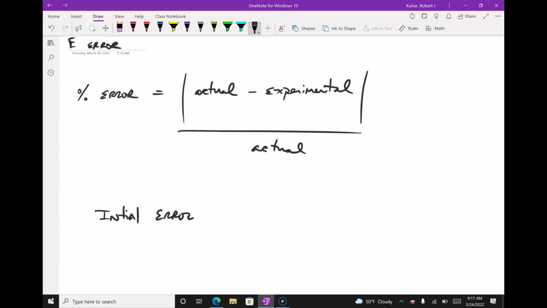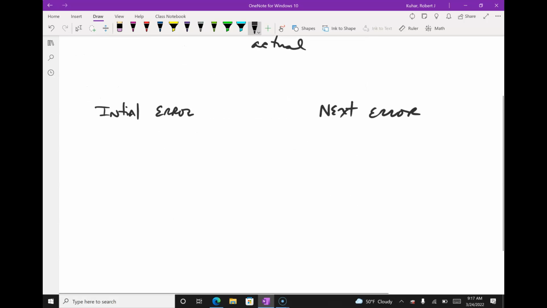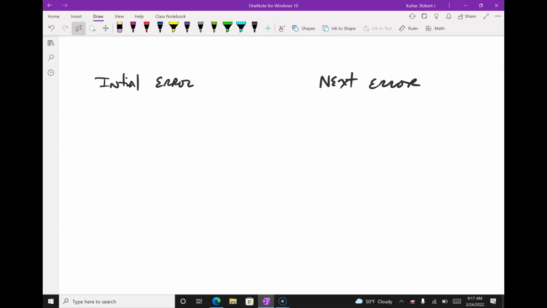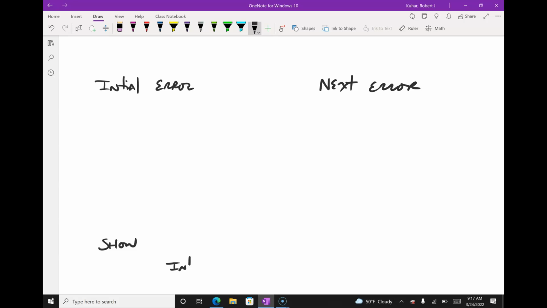And we're going to get a next error. Okay? Related to X next, right? Related to the next guess. Yes, you with me? And once you get those two pieces, you're going to show that the initial error squared is the next error.